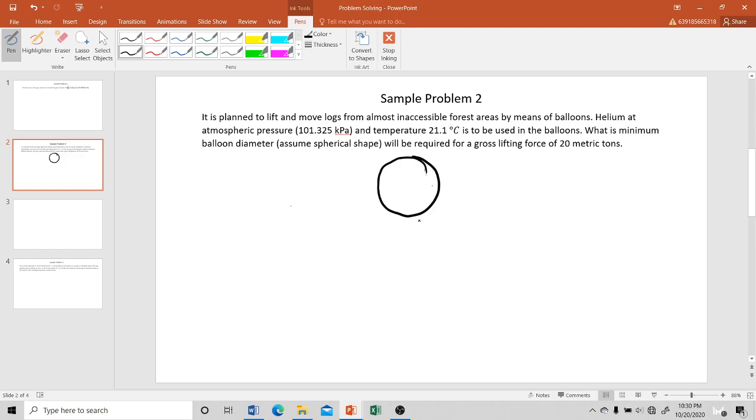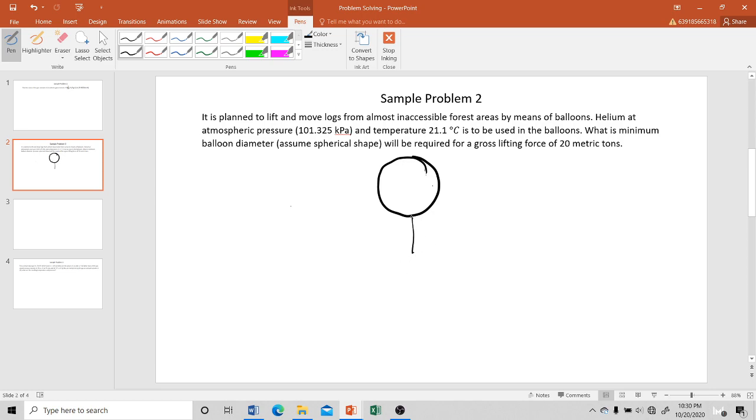Assume that this is spherical. The balloon will help to lift up the logs. And what are logs? They are parts of a tree that has been cut.